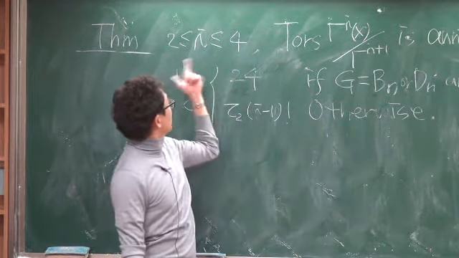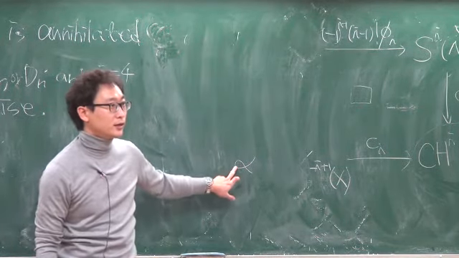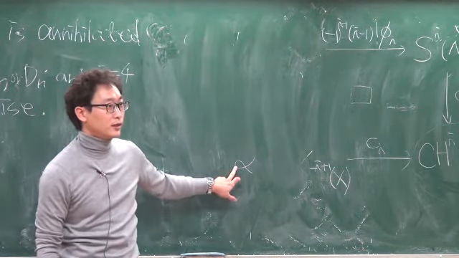Well, what is the role of this commutative diagram in that theorem? In the proof of the theorem, we use this commutative diagram. You use K to connect that problem with the torsion index.